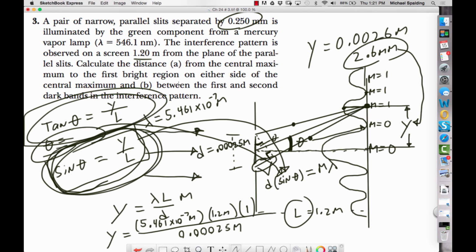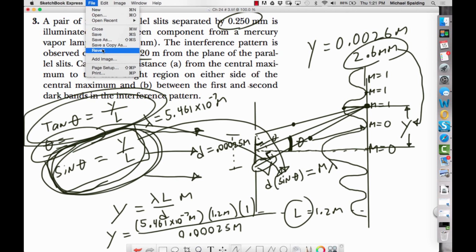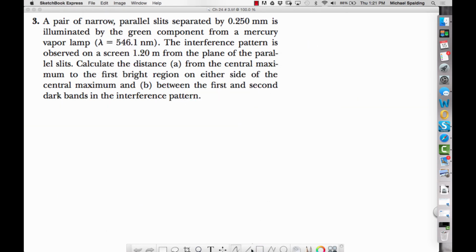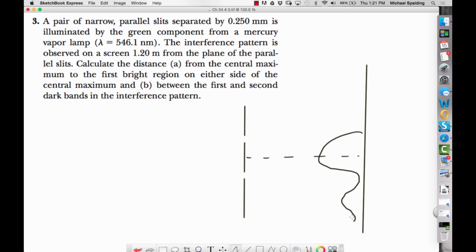Okay, so part B: find the distance between the first and second dark bands. That is like this, so put our pattern back in. So boom, like this. We're looking for the distance from here to there. Now the spacings are all the same, right?